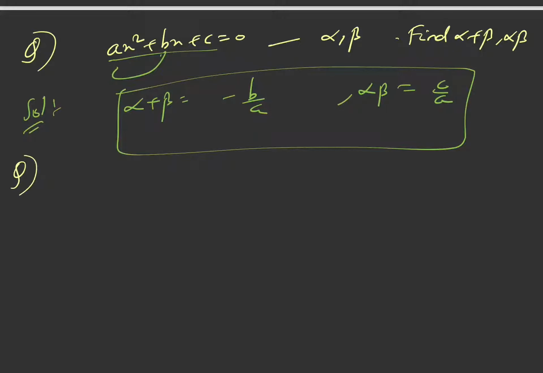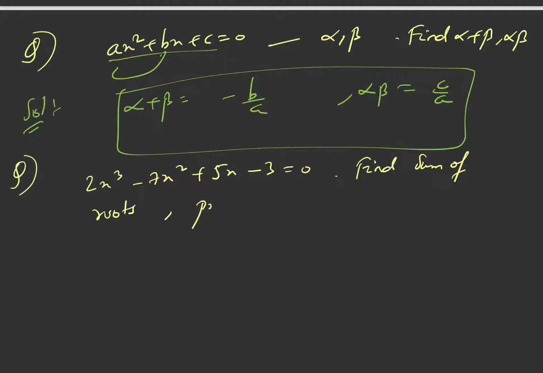Next, say if I give you the equation 2x cube minus 7x square plus 5x minus 3 is equal to 0, and I ask you to find the sum of roots and product of roots.